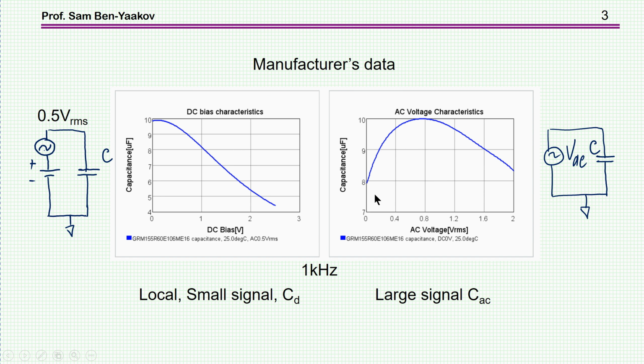On the right, we have another graph which is also labeled capacitance. This time we have on the horizontal axis AC voltage from 0 to 2 volts. And this is a different measurement. There is no bias here. There's just an AC source. And this AC source now is changing, not like here, which is constant, supposed to be a small signal.